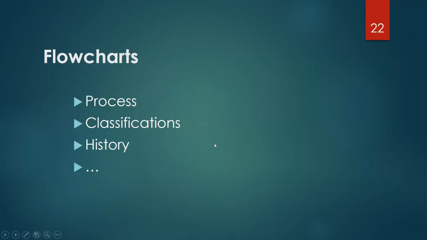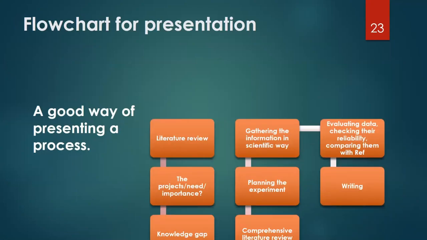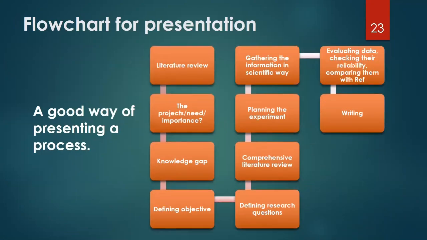Flowchart. A flowchart is used when you want to present a process or classification or history of something. For example, a good way of presenting a process. For example, you want to give a presentation, or you're doing research and writing.